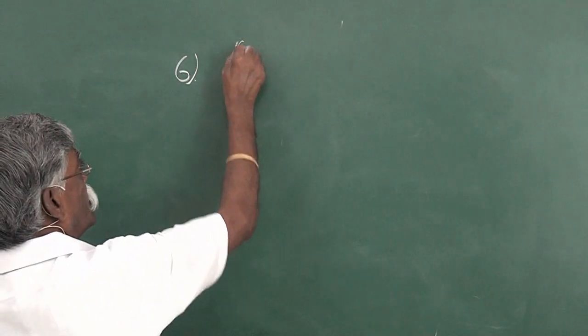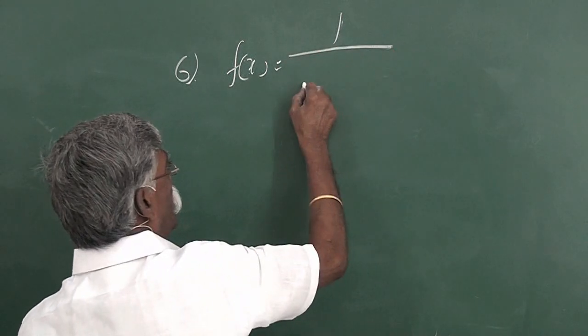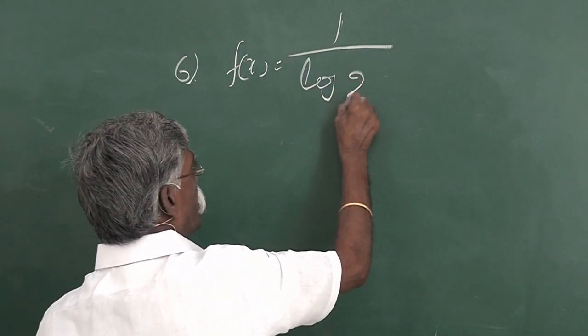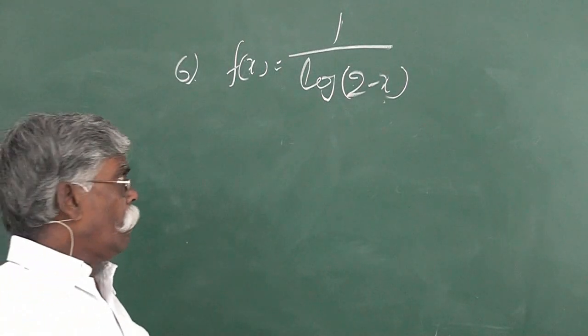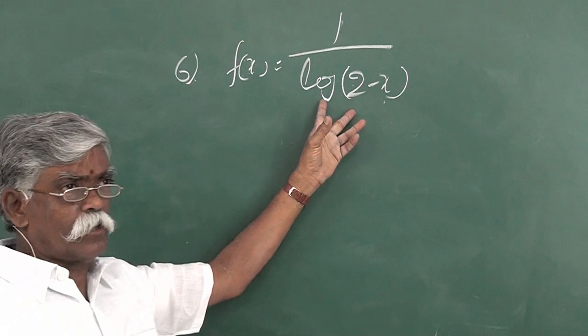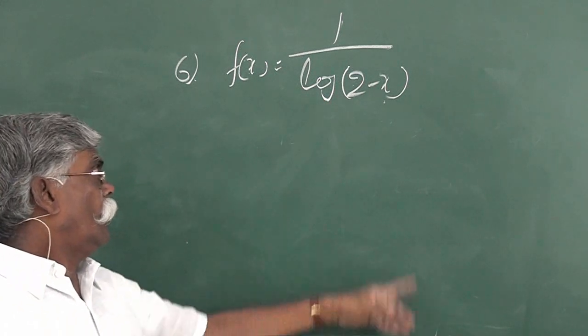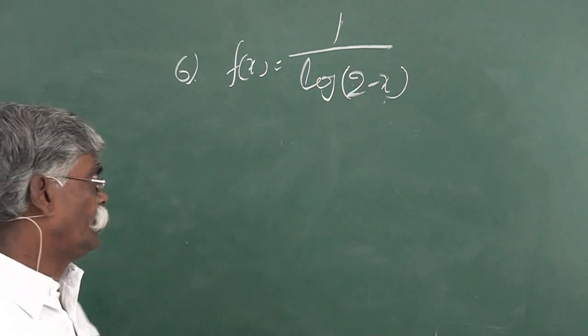Next one, f of x is equal to 1 by log of 2 minus x. Log of 2 minus x is in the denominator, hence log of 2 minus x should not be equal to 0. And 2 minus x is within the logarithm, therefore it should be positive.